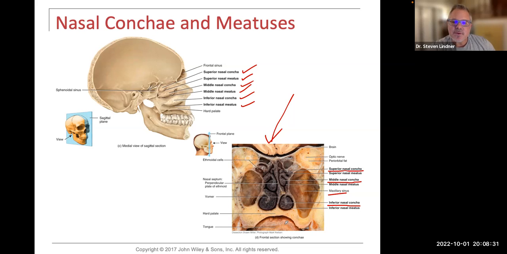Now, from this view, when you inhale air, you can see the spirals. That's why sometimes they're called turbinates or concha, like the shell concha, how it has many of those spirals, and it spins and centrifuges the air as we breathe it in.